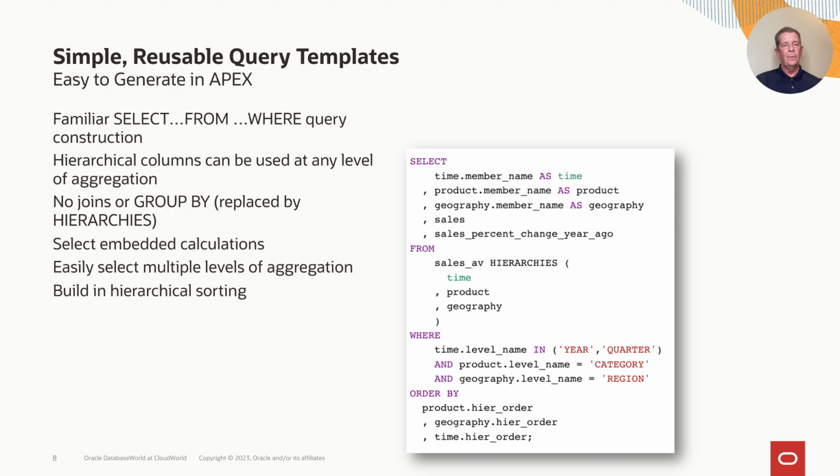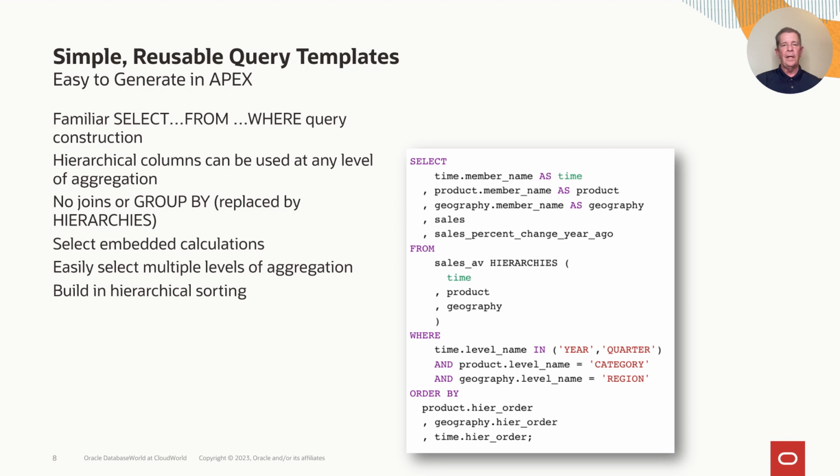All right, so let's just start diving into the details of this. From a developer point of view, the SQL, in this example, by the way, is hierarchical semantic SQL. You can see that hierarchies keyword right there in the middle of it. It uses familiar select from, where, maybe order by, query construction, right?